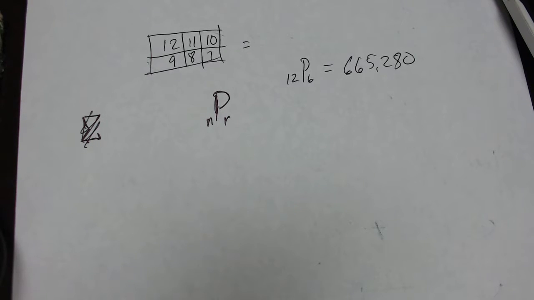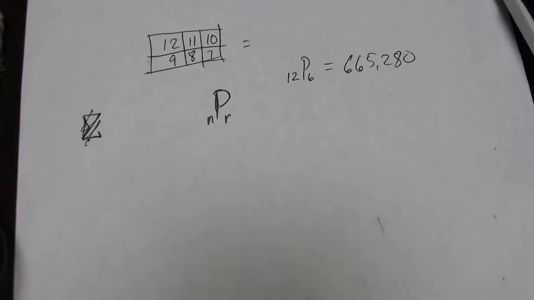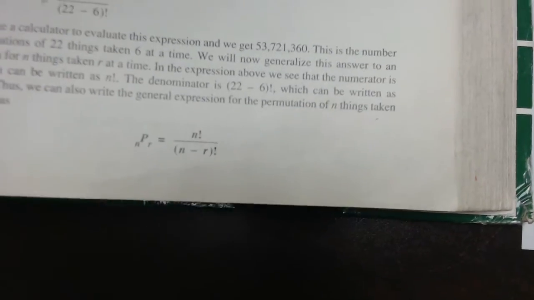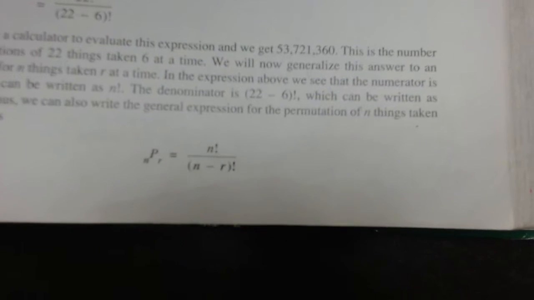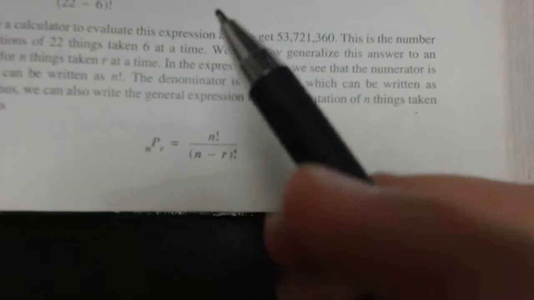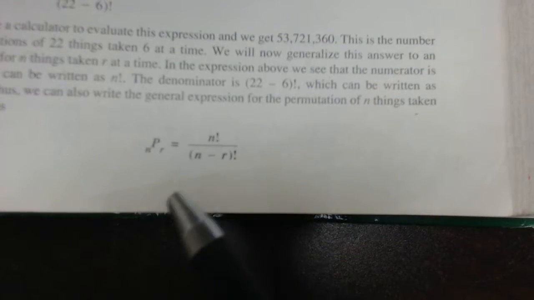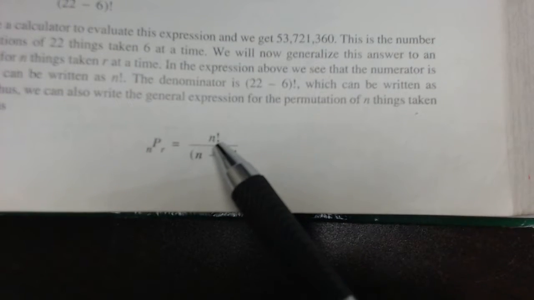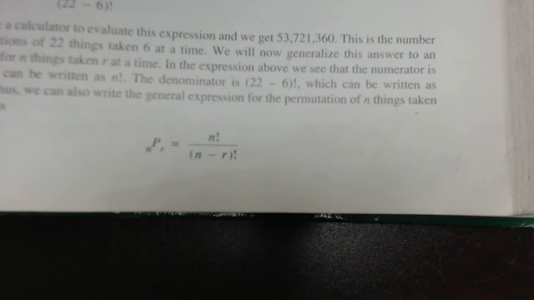Now, when it comes to solving them, there's a faster way that we can solve these problems, and they're going to show you this in this formula. This formula is actually derived from this notation, and the formula is n factorial over n minus r factorial.